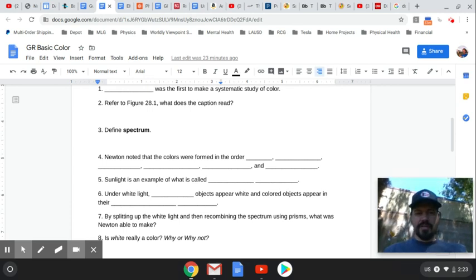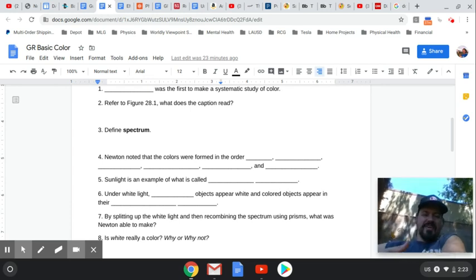You ever notice that some things that are one color all of a sudden they're not that color anymore? Like things that were red, if you shine a blue light on them, they're not red anymore. They're not even a dull red. They're black. Why? So this reading starts to answer that.